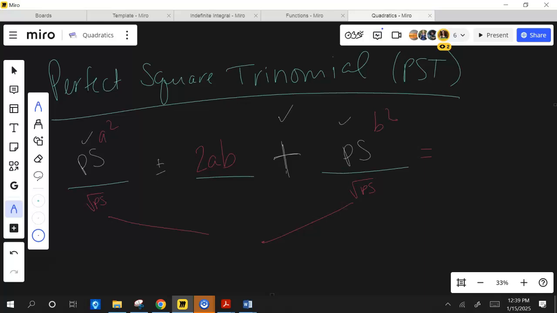Take the ends and take the square root of both ends. And you're just going to multiply and double.